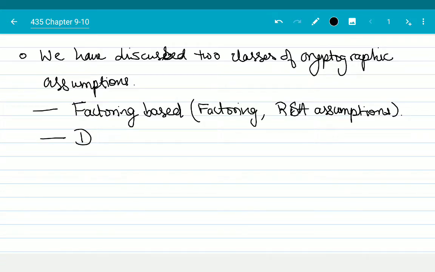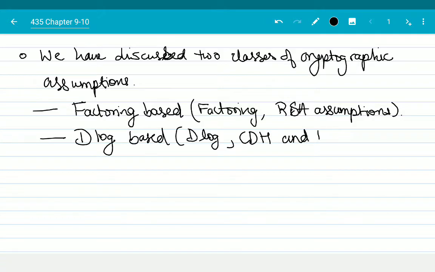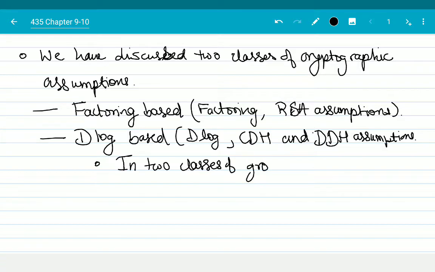And the other was D-log based problems, which was the D-log problem, the CDH, the computational Diffie-Hellman, and the DDH assumption. And we said that these problems can be done, as I said, in two classes of groups, either the Z_p star subgroups or elliptic curve groups.